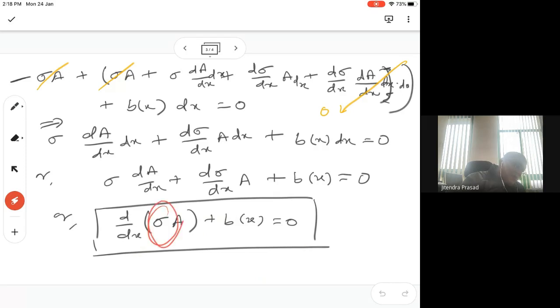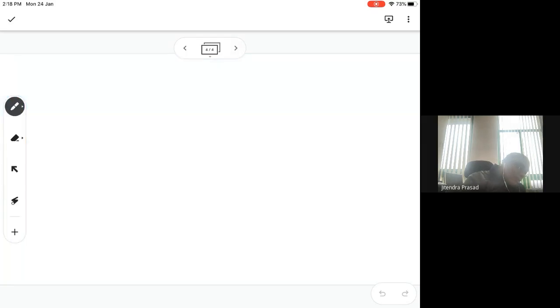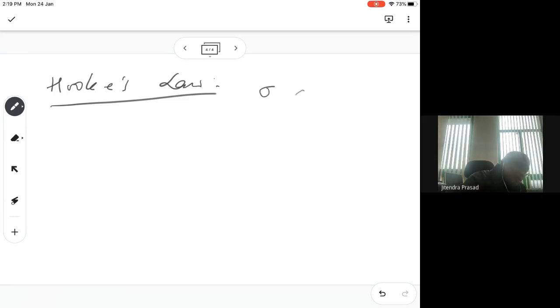Now we have to apply Hooke's law, or material property. Hooke's law says sigma is proportional to epsilon, or sigma equals E epsilon, or sigma x equals Ex times strain.